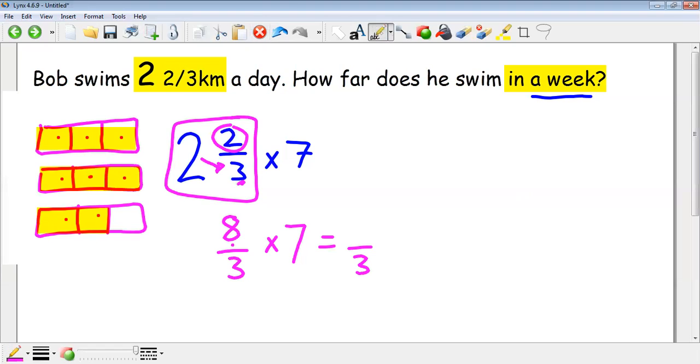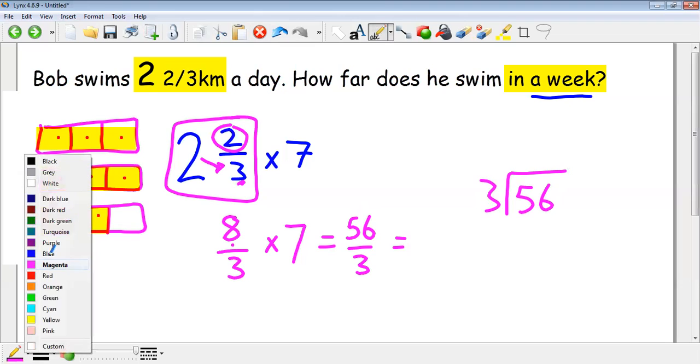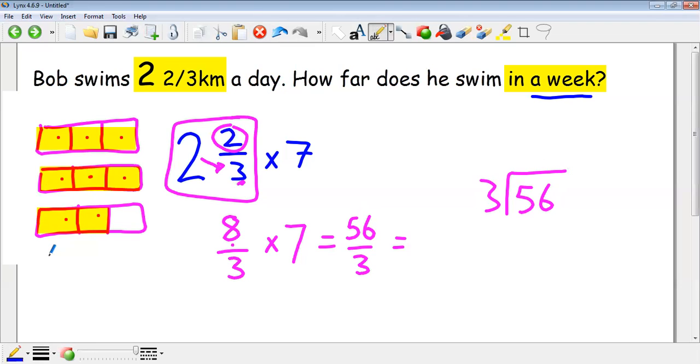So we've got 8 times 7. So I know 7 7s are 49. And then I'm going to go one more lot of 7 on, which would be 56. Now that looks a bit horrible, but all I need to do is get 56 and divide it by 3, which is all of a sudden a little bit easier. So 3 into 5, 1 to make 2.